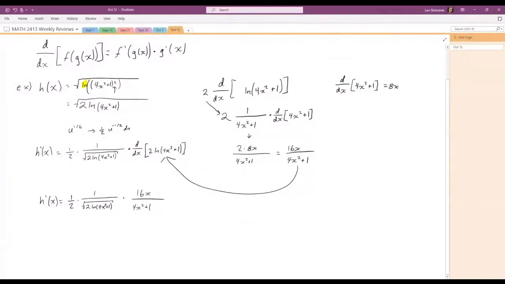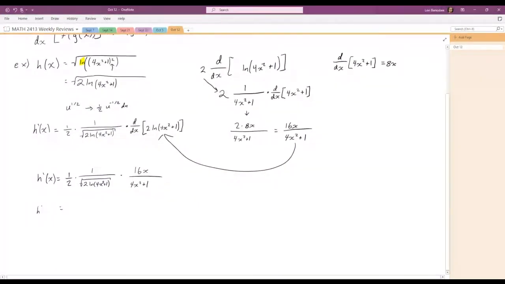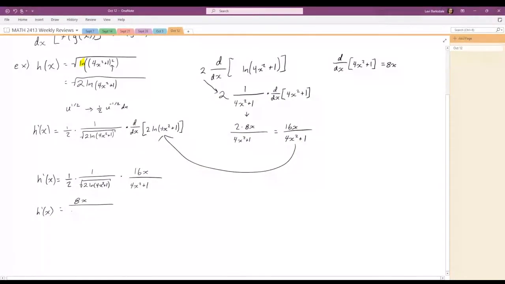And if we really wanted to simplify, we could cancel this 1/2 out front with the 16 out here. And this would give us h prime of x is equal to 8x divided by the square root of 2 natural log of 4x squared plus 1 multiplied by 4x squared plus 1.